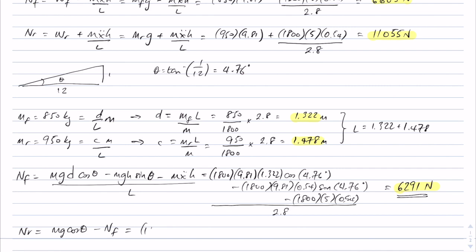So we've got 1,800 times 9.81 times cosine 4.76. So that's the total normal load, and we subtract 6291 from it, and we get 11,306 newtons.